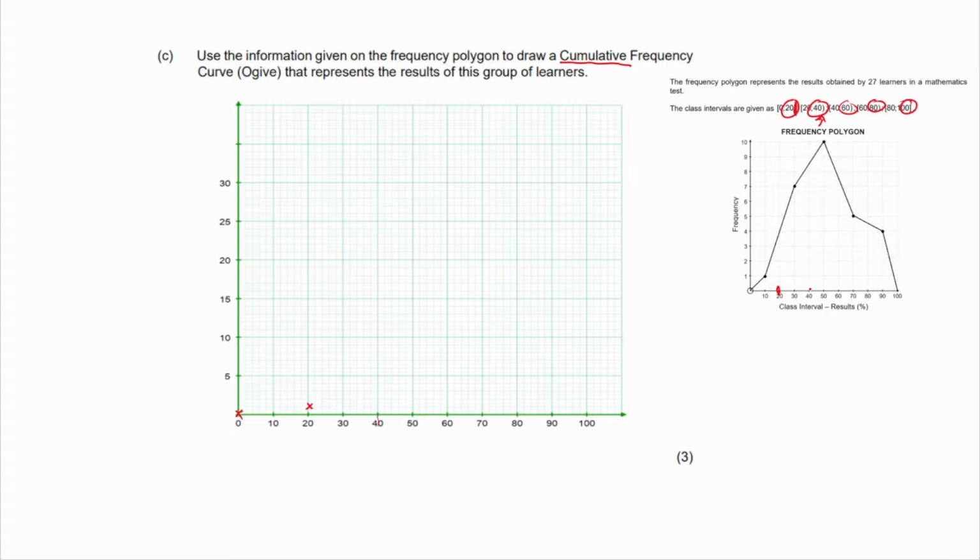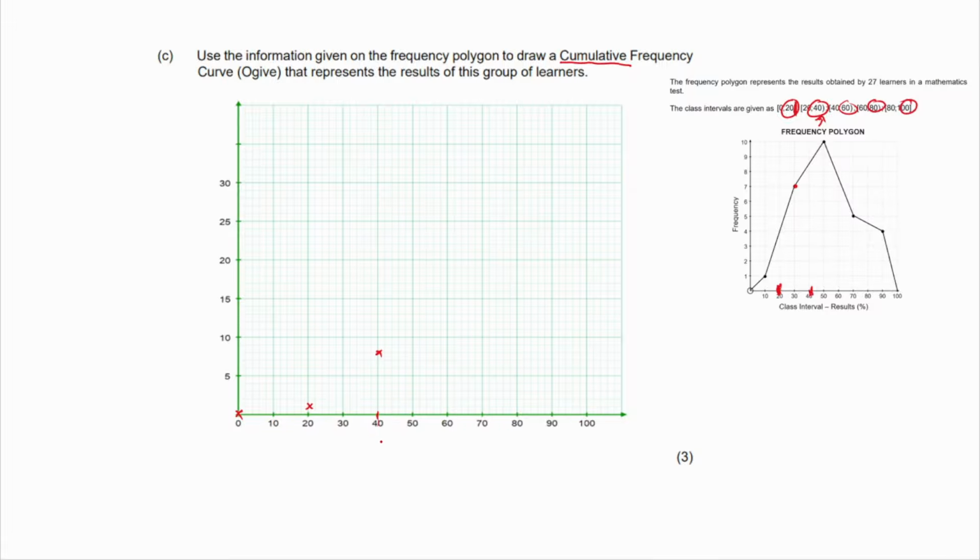We look and see that between 20 and 40 there were 7 students, but we need to add that 7 to this 1. So we're plotting 8 at 40. So here's 5, 6, 7, 8. Because we're adding. Before, between 20 and 40, there were 7, but now we're adding.